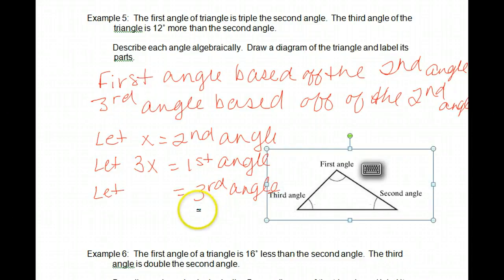And it says that the third angle is 12 more than the second angle. More than means addition. So my second angle was x, more than means addition, and I'm adding 12. So now we're supposed to label the angles inside the picture. The second angle was x, the first angle was 3x, and the third angle was x plus 12.